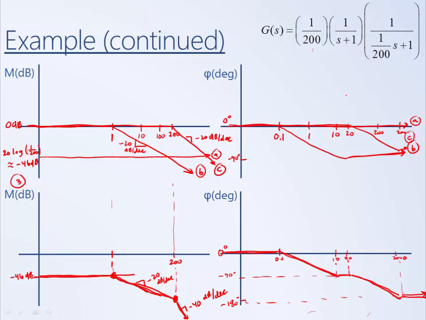Taking a look at this, let's think about what this tells us. So we have a transfer function with a pole at minus 1 and a pole at minus 200. And based on what we know about which dynamics will dominate, the pole at minus 200 is much faster, so its effect will be negligible.